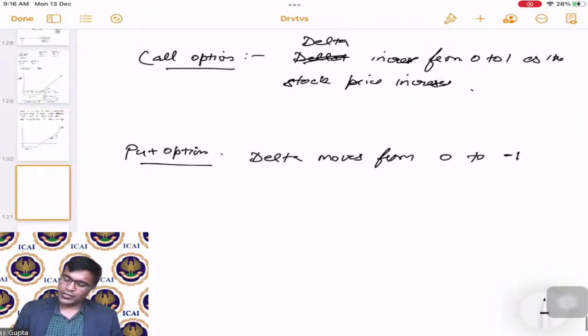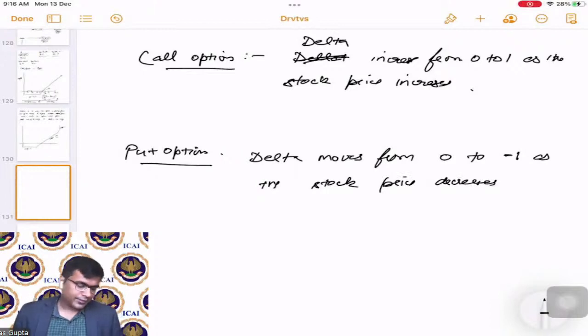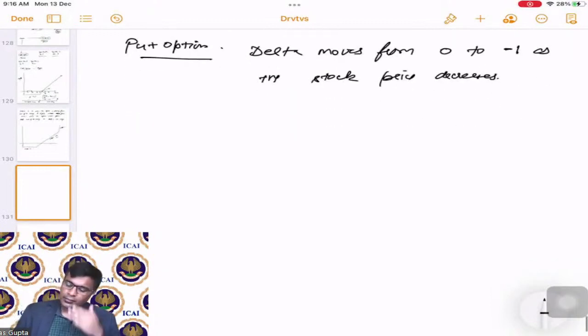Yes, so I was saying delta moves from 0 to -1 as the stock price decreases. Now this can be explained with the same thing.